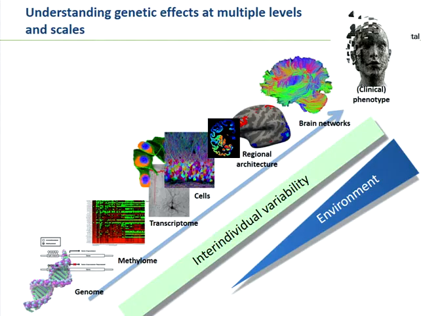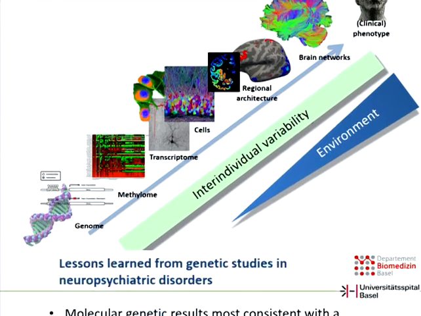But obviously there are multiple layers in between, and Jason has mentioned the endophenotype concept, that we can look at what is the effect of genetic factors on the levels between the genome and the clinical phenotype. And I think this will also help us. Maybe this step is too big, so we need intermediate steps in between.